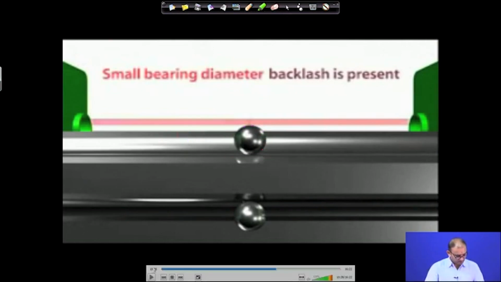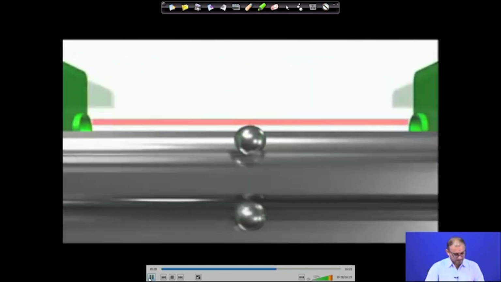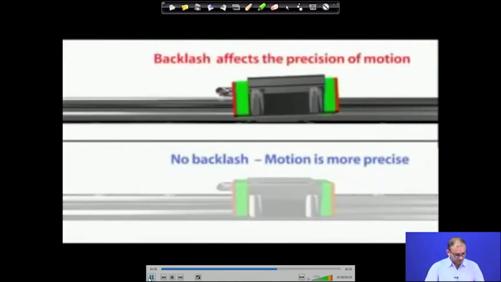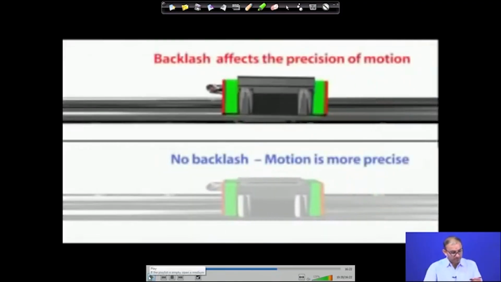Let us see. This is the motion of that part, because now you do not have firm contact between the ball and the roller or that rail, and because of that you are getting some type of wavy motion instead of a straight line motion.